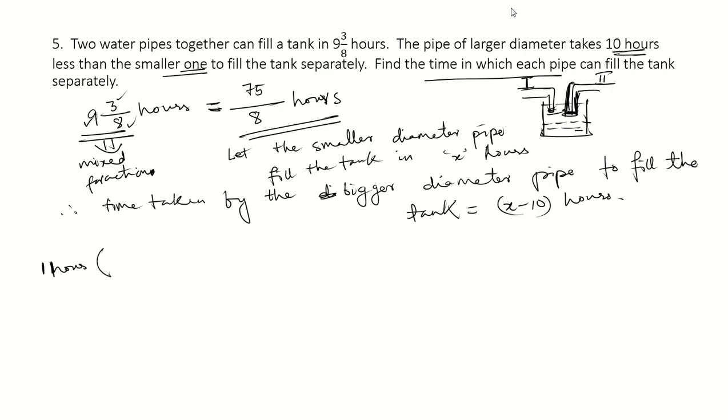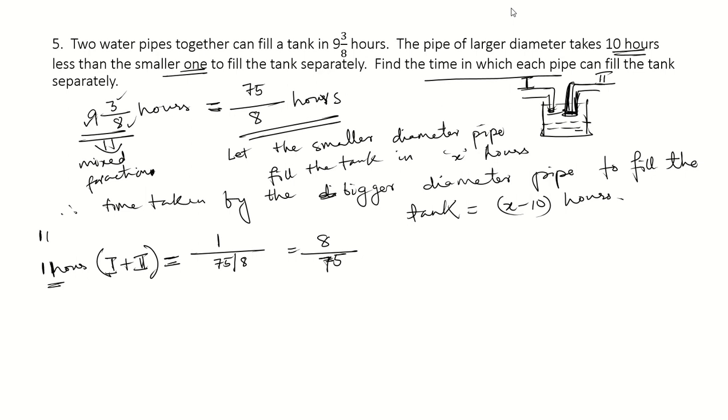In 75 divided by 8 hours, they can fill the entire tank. Now if it's 1 hour, they can fill 1 divided by 75 over 8, which equals 8 by 75, right? This part of the fraction they can fill.